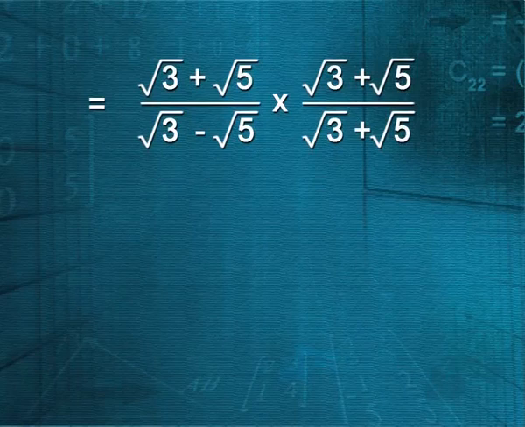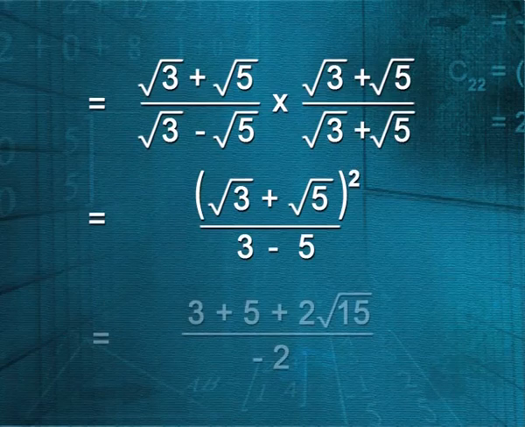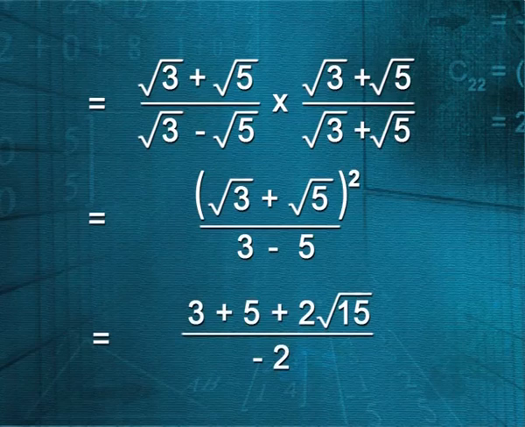Now, in the next step, we have root 3 plus root 5 whole square divided by 3 minus 5, which is equal to a square. A square is 3 in the numerator, 5 under root 5 square, which is 5, plus 2 into a into b, it is 2 into root 15, divided by, in the denominator you have 3 minus 5, which is equal to minus 2.